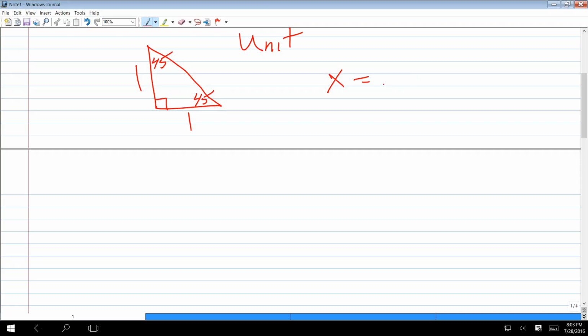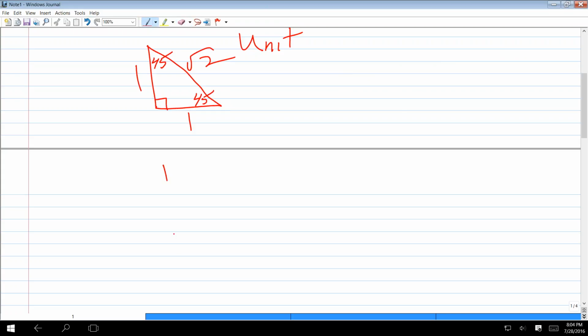The square root of. Now 1 squared goes inside there. 1 squared plus 1 squared. What is 1 squared plus 1 squared? 2. Square root of 2. Okay? So those are the dimensions of the unit 45, 45, 90 triangle.